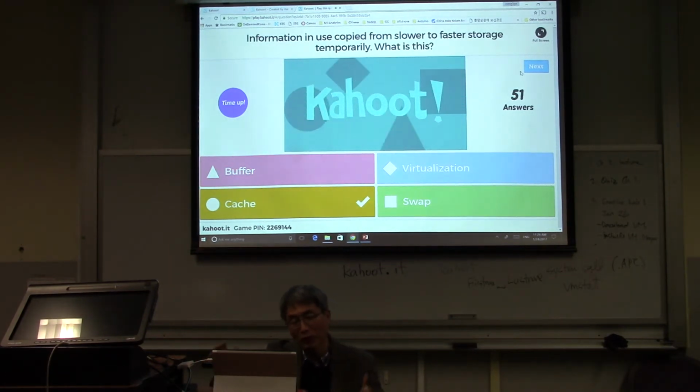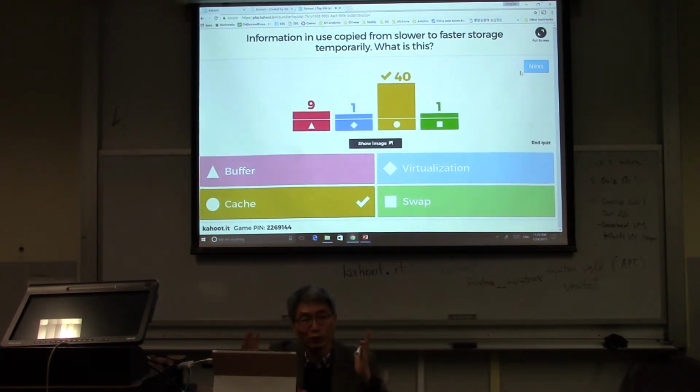So cache buffer is the storage to bridge the gap between high speed and different bandwidths.